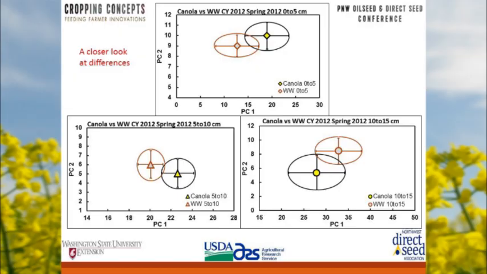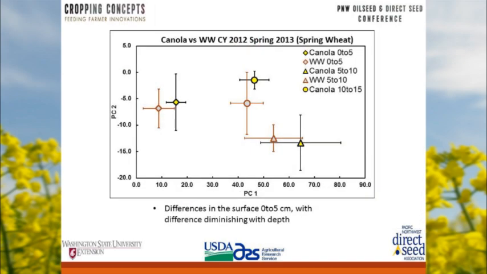So at all 3 depths, now we've got microbial communities that are very different. Looking at the year following this of the 2013 plots in spring wheat, still a fair amount of separation. Some of that separation is diminishing. However, there is still a fair amount of separation in the microbial communities.